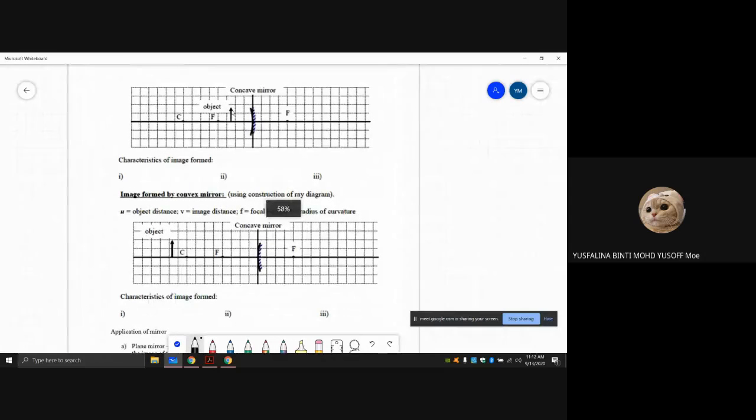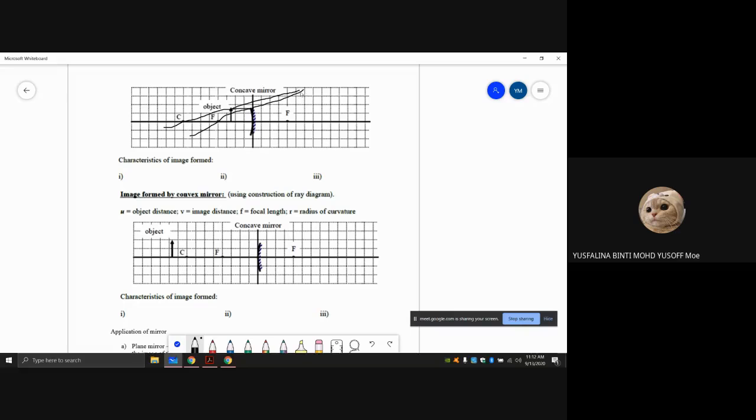First one, same from here, go back to F. For this one, same as before when U is equal to F. So just draw until it passes through the arrow there, and then make it longer.